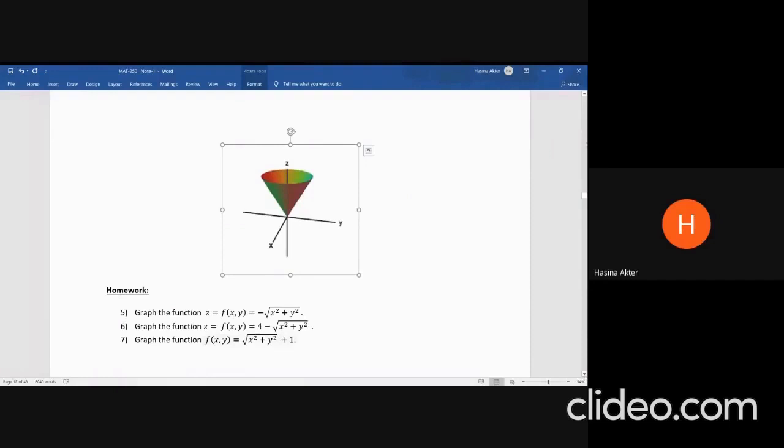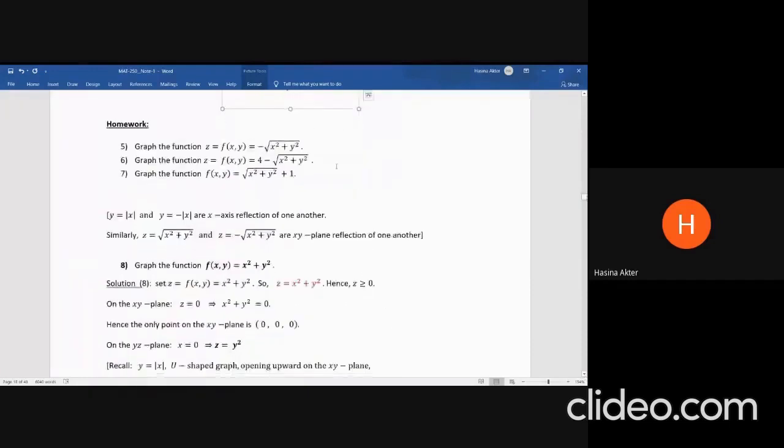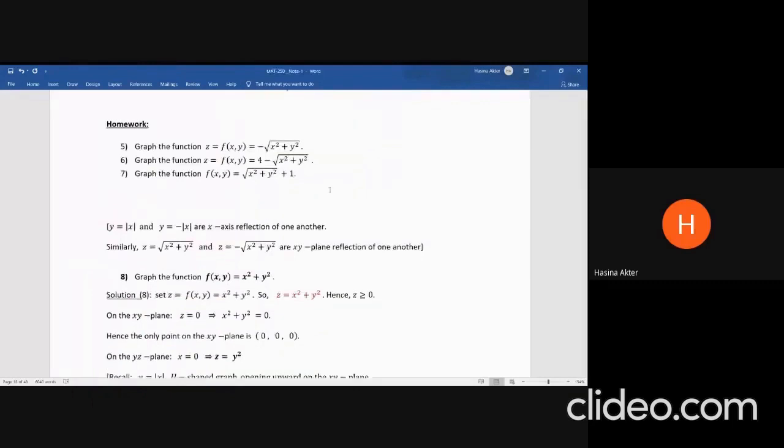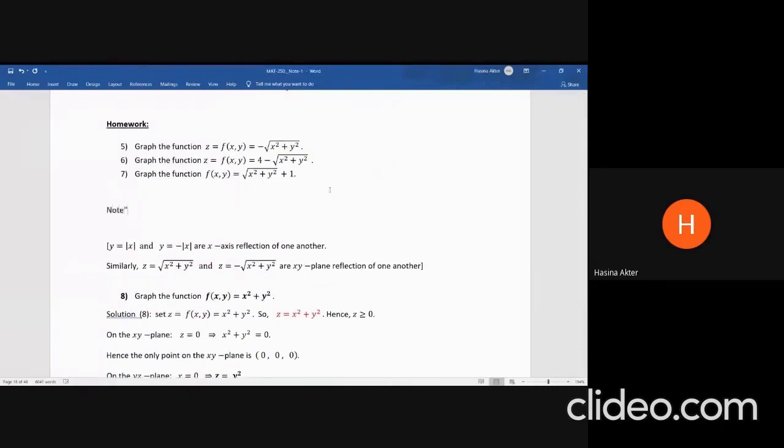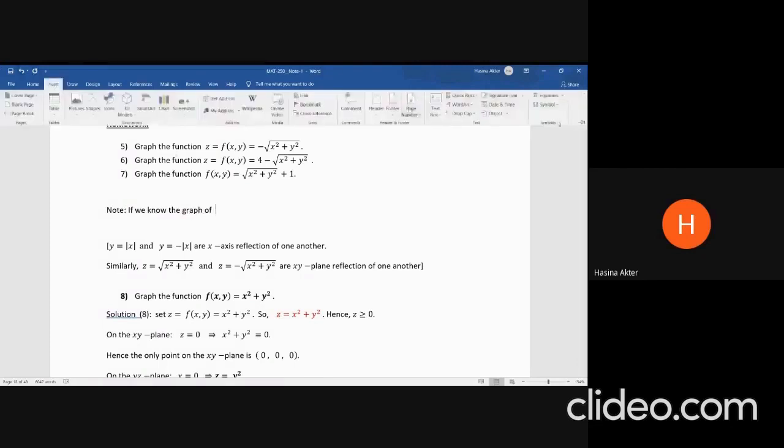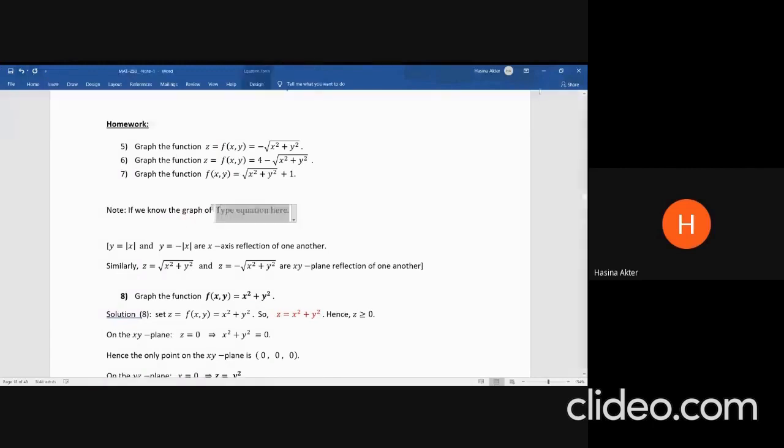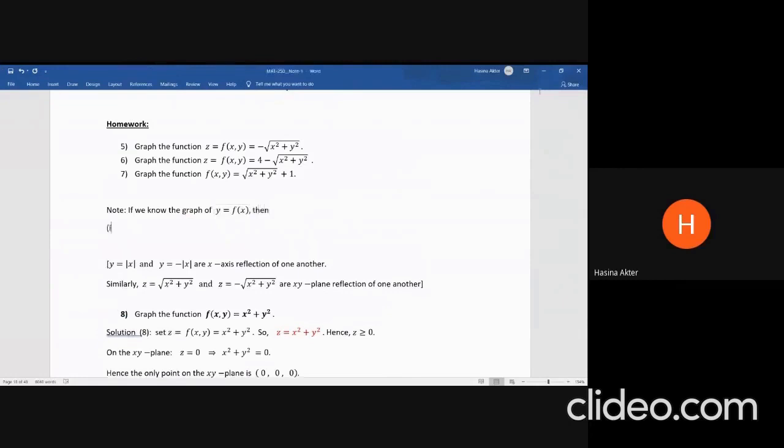If we know the graph of the function y equals f of x, I will write one by one.